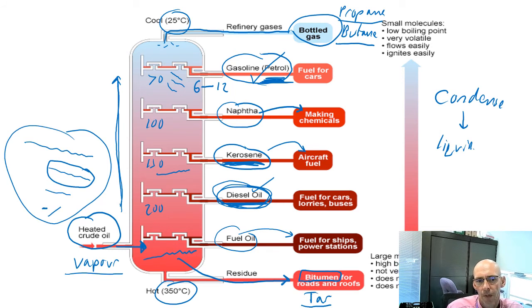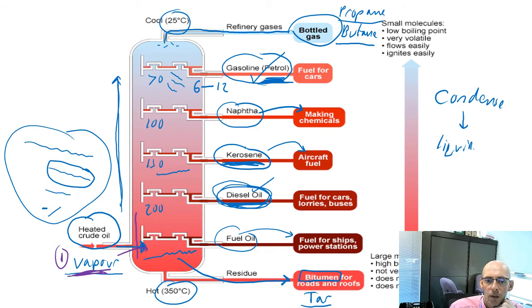So, what you've got to try and do, in your own words, is go from the point of view of, number one, we heat up the crude oil into a vapour. It all passes into the column.